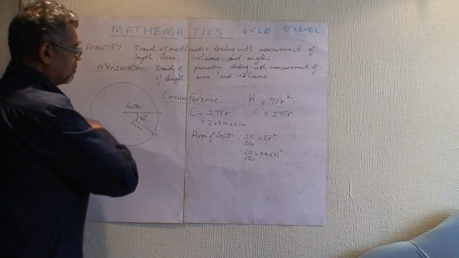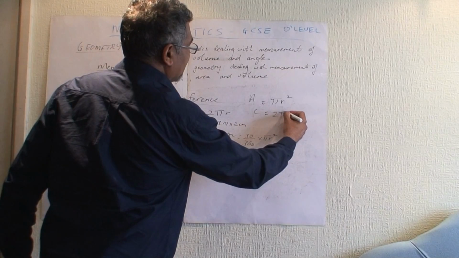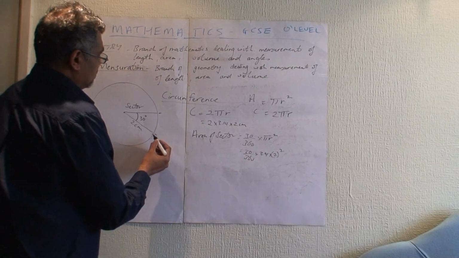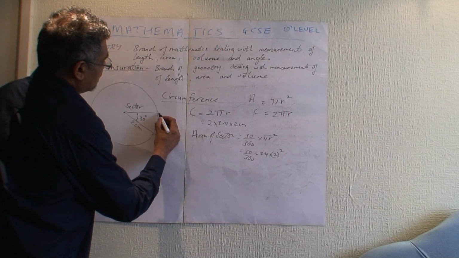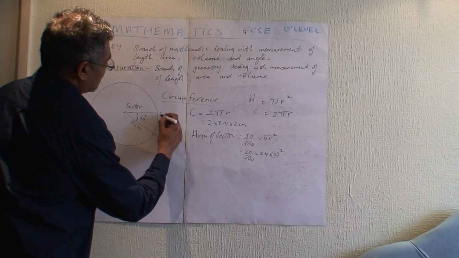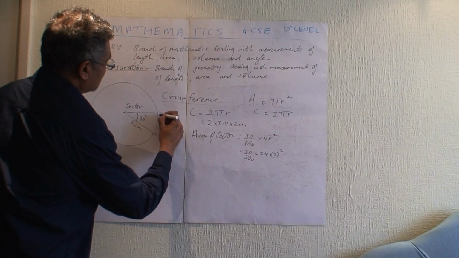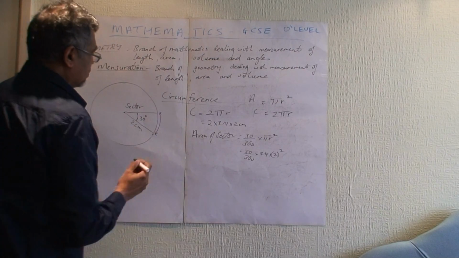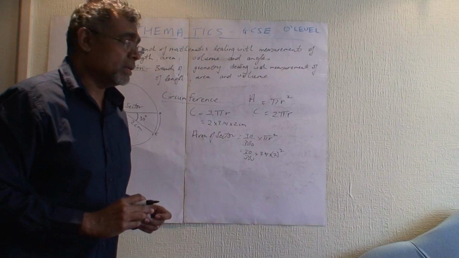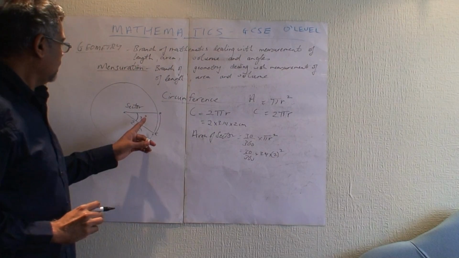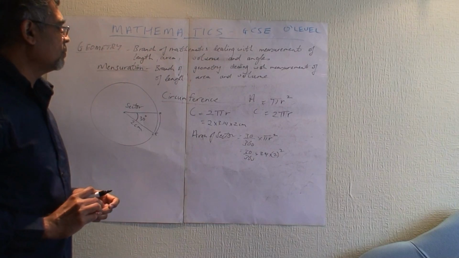The whole circumference is 2 pi r, but we only want to know the measurement from here to there, just this bit here. We only want to find that length, but we know it's 30 degrees in here.